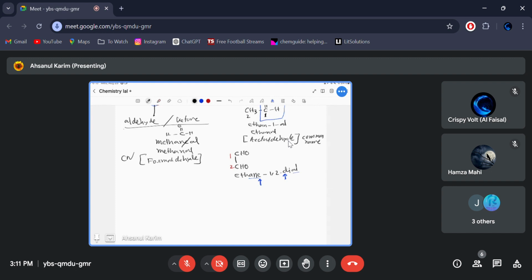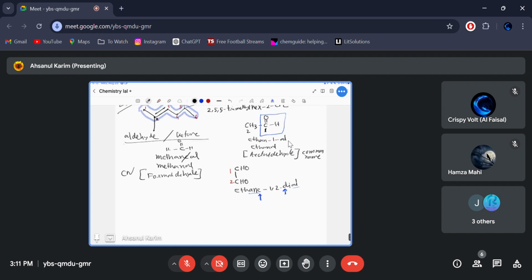There is no such concept of at the end. They are talking about the terminal, because whenever the carbonyl group is present in the middle of a chain, it is considered a ketone. Understandable? For example, this one.